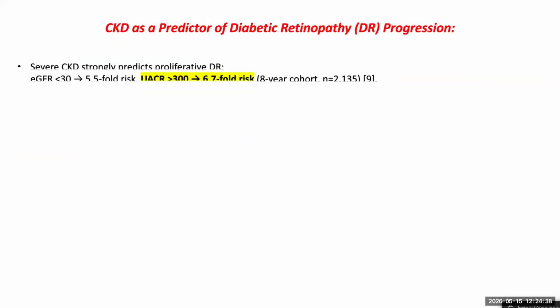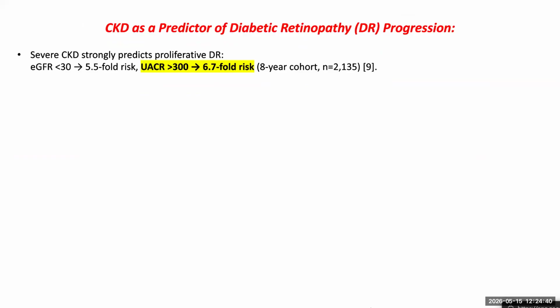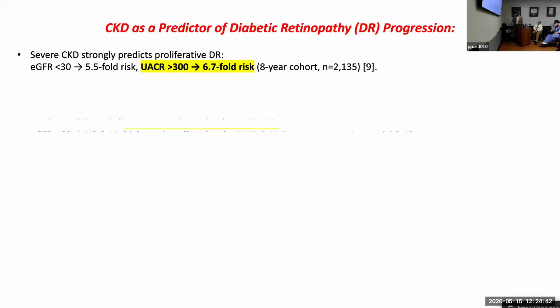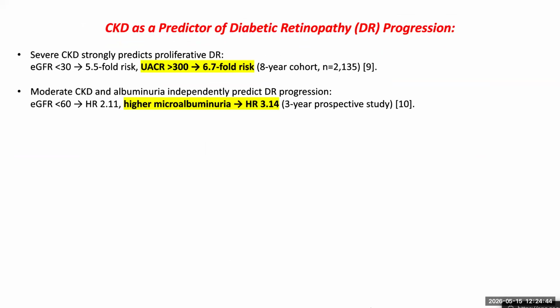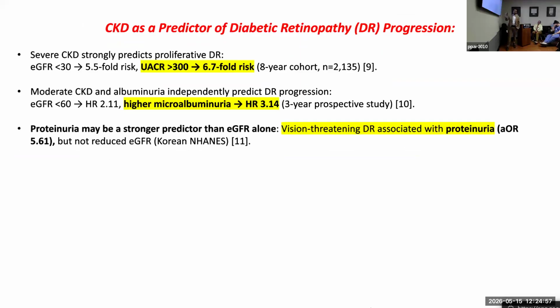And how is diabetic nephropathy related to diabetic retinopathy? Whatever studies I saw, they all mentioned that when someone has albuminuria more than 300, the risk of having diabetic retinopathy goes high, with a 6.7-fold risk. For higher microalbuminuria, the hazard ratio is 3.14.